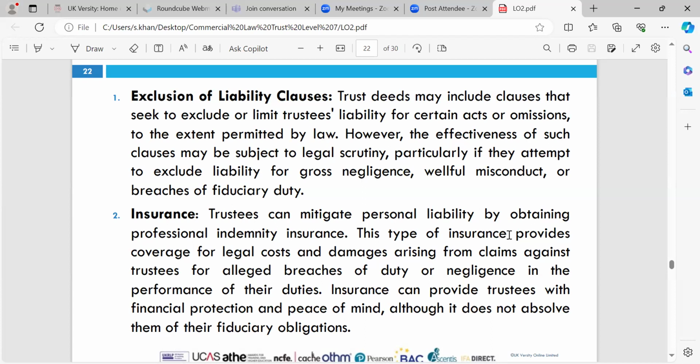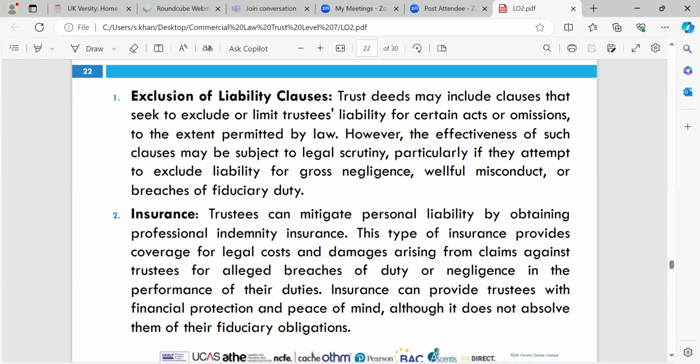Insurance. Trustees can mitigate personal liability by obtaining professional indemnity insurance. This type of insurance provides coverage for legal costs and damages arising from breaches of duty or negligence in the performance of their duties.